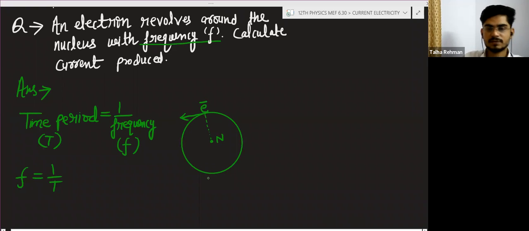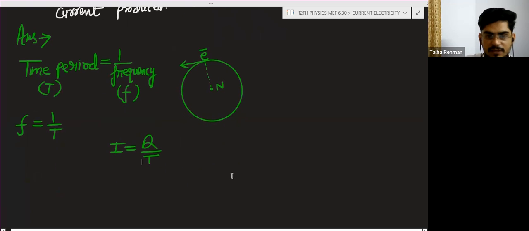And we know that here the current will be produced. Why will the current be produced here? Because charge is in motion. And we know that the current is charge flowing divided by time. So here we will take charge. What is the charge on electron? I am taking minus e.